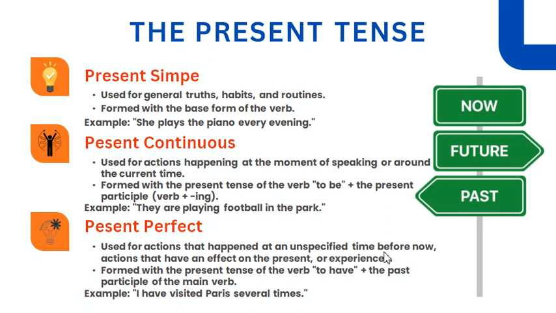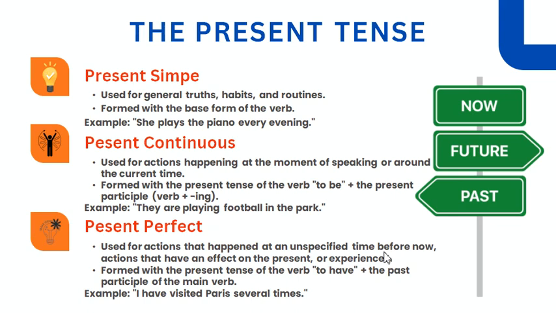I have seen the movie. If you say I have seen the movie, it means you have seen it. When? It's not in the far past, it's not right now, but you have seen it sometime. So that is the present perfect form.